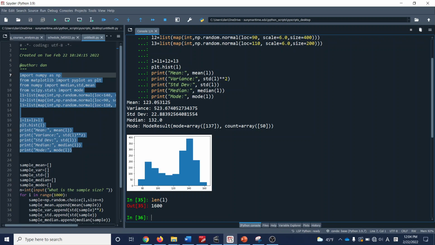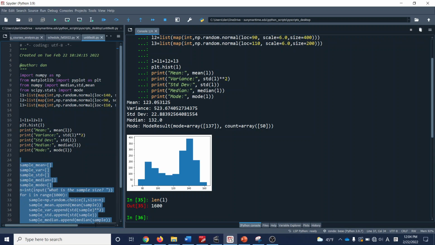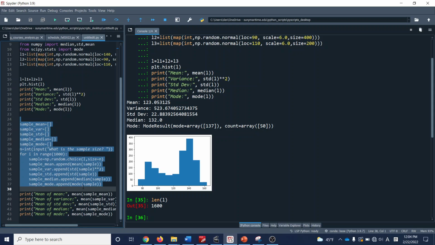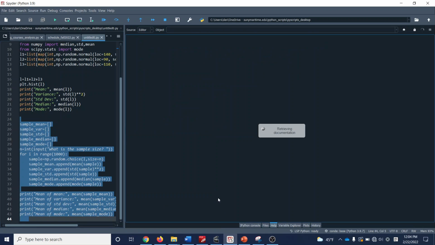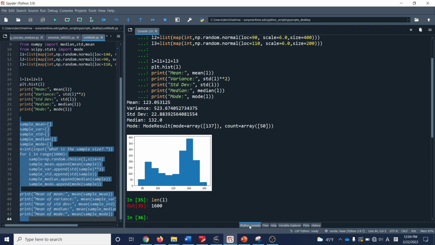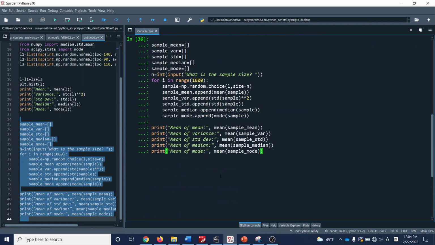All right, so let's see what happens if we took some sample from here. Oh no, that's not what I meant. If we took some sample from here, let's say I collected a sample size of 10.